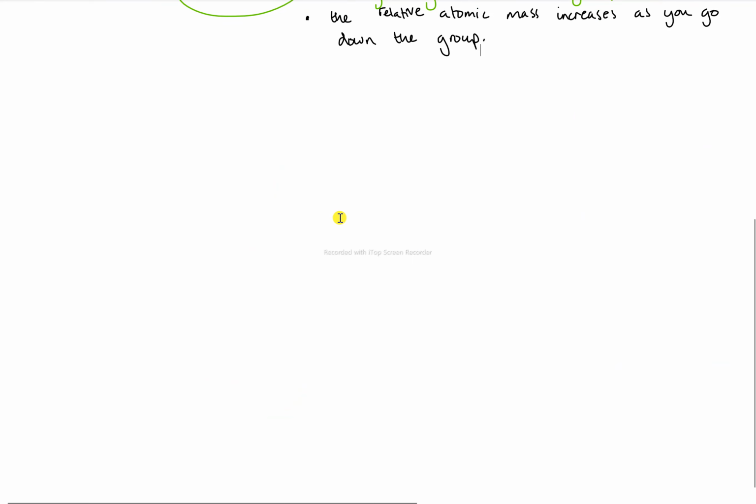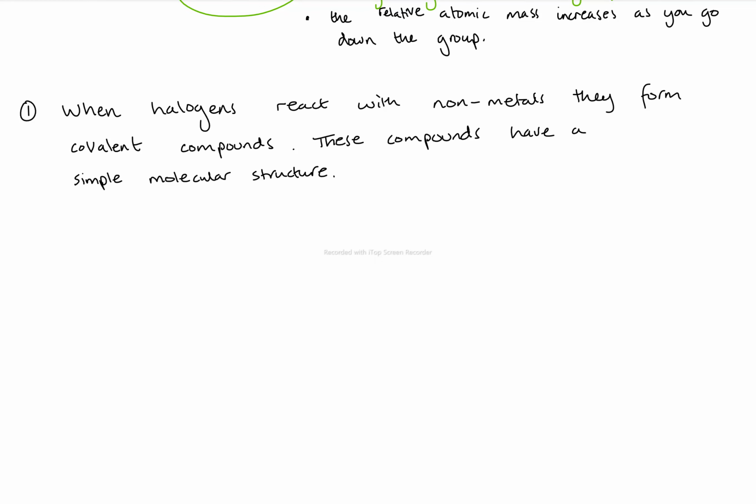What type of compound? So first of all, when halogens react with non-metals, they form covalent compounds, simple molecular covalent compounds. Right, so when they react with non-metals, they form covalent compounds, and these have a simple molecular structure.